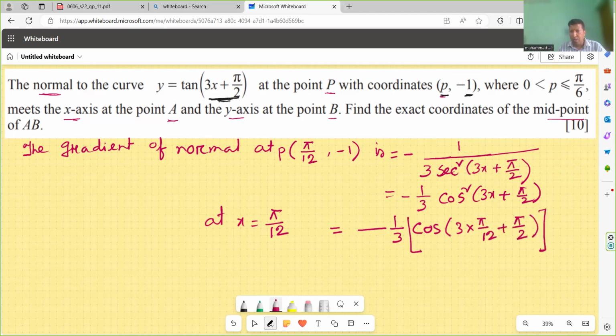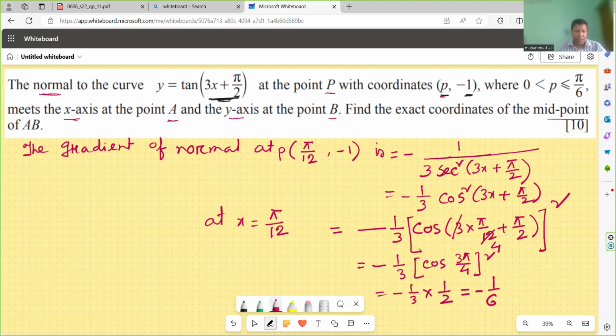The 3 and 12 cancel, giving 4, so minus 1 by 3 cos squared(pi by 4 plus pi by 2), which is 3 pi by 4, whole squared. If we put the value of cos(3 pi by 4), it will be minus 1 by 3 into half. So finally, the gradient of the normal equals minus 1 by 6.